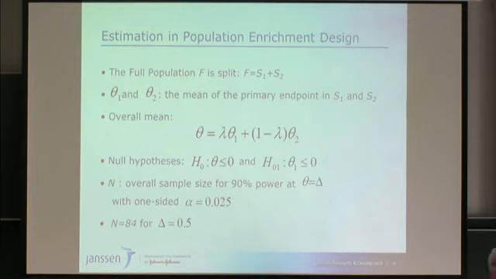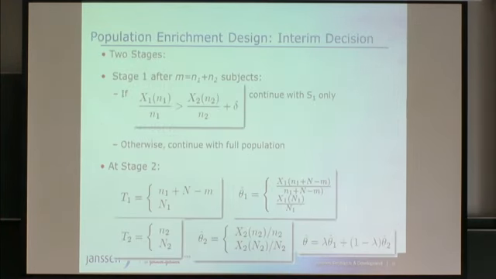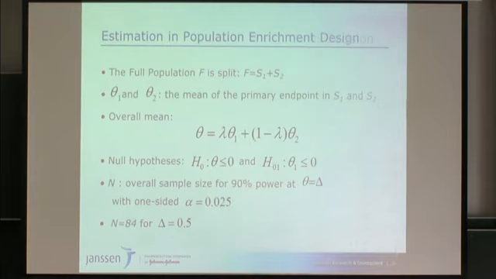but you can in principle think about that as well, that the treatment effect is smaller than or equal to 0 in theta 2. So now I want an overall sample size for 90% power for a given delta. Let's say for delta equal to 0.5, that is sensitive. For delta 0.5, the sample size is about 84. Okay?